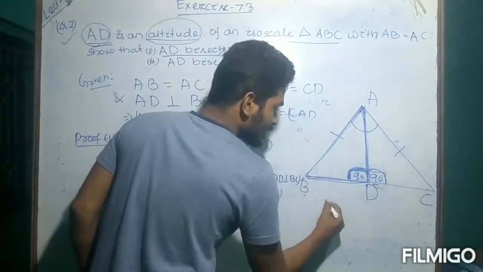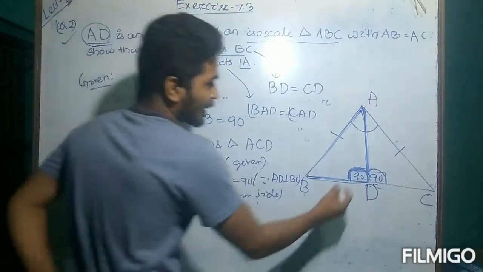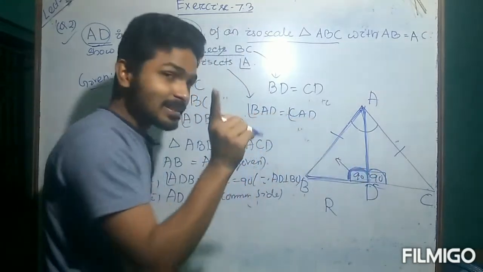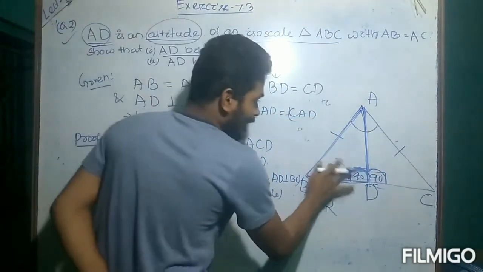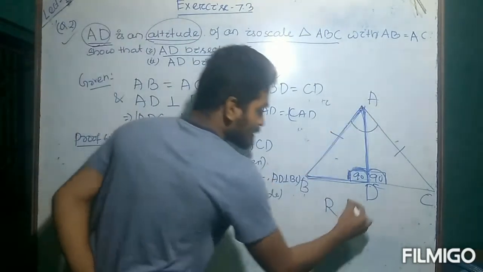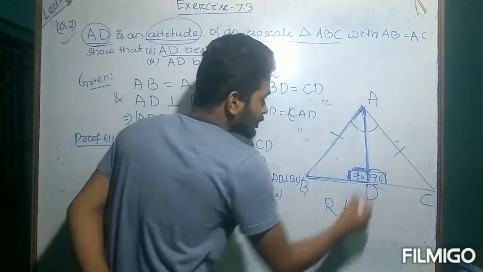In the triangle ABD we have found this angle. So R means right angle. The opposite side of the right angle is known as hypotenuse. And here we have chosen this side, so this stands for H. Next thing.